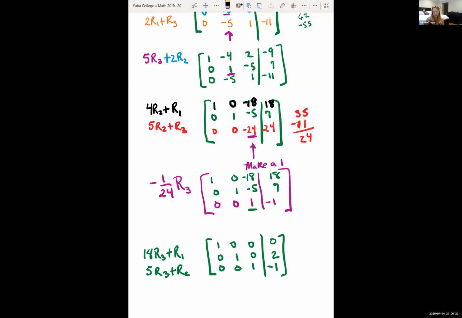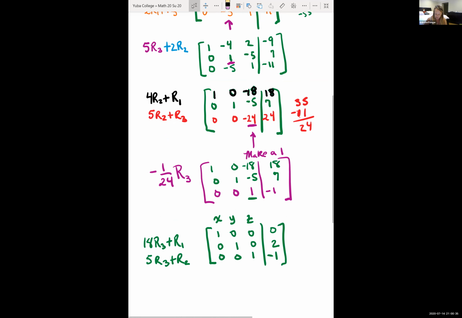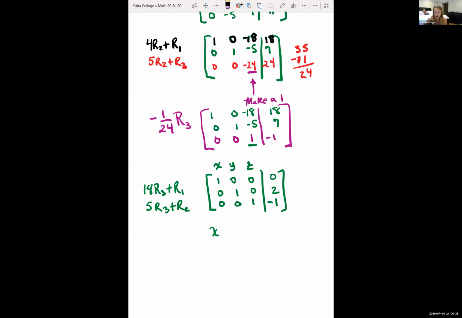And now we can basically just read off our solutions. This was our column for x's, this was our column for y, this was our column for z. The first equation reads 1x plus 0y plus 0z, so I don't have to write it, equals 0. The second row is 0x plus 1y plus 0z equals 2.